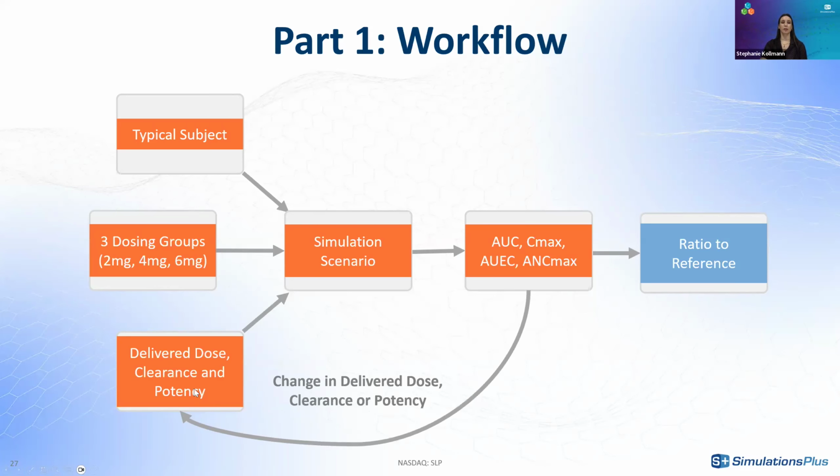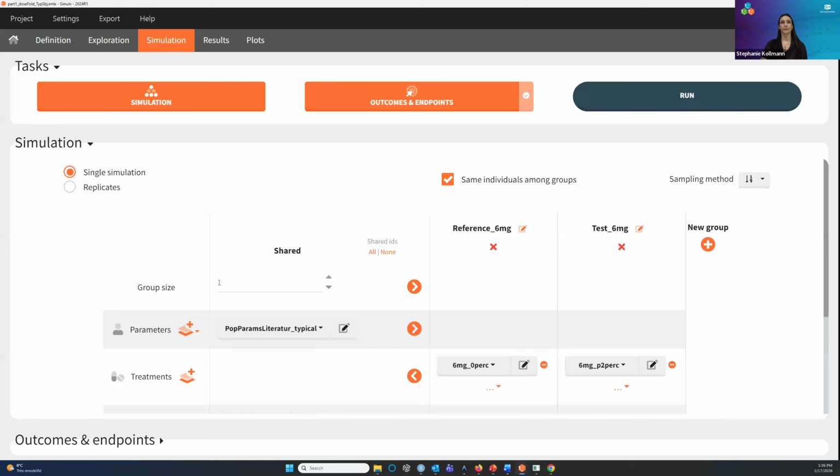And the magnitude of change depended on the scenario. For each simulation, we calculated the PK and PD metrics and then expressed the results as a ratio relative to the reference. So let me show how the simulation scenario is set up in Simulink.